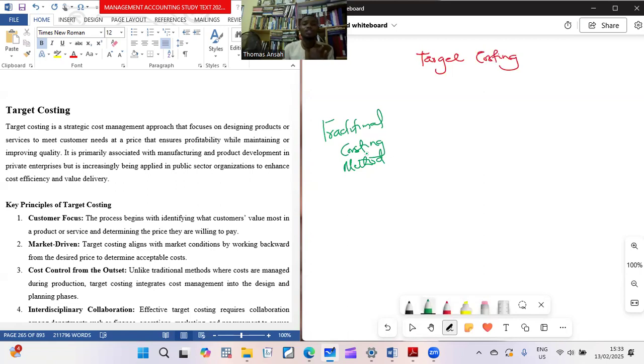Now, what you see in there is that in the traditional costing method, cost of a product was determined by direct material, direct labor, and production overheads. And when we put this together, we have our production cost, right?